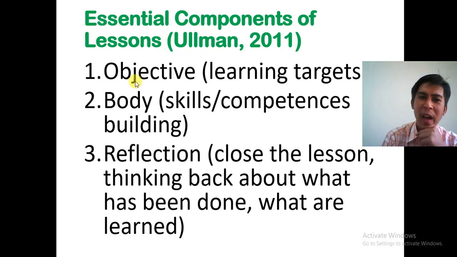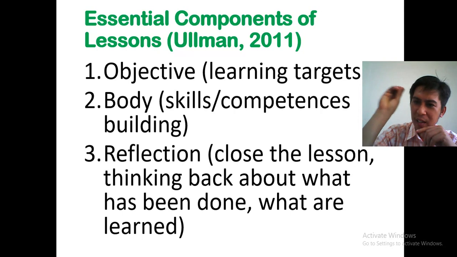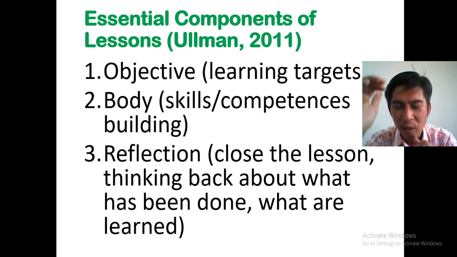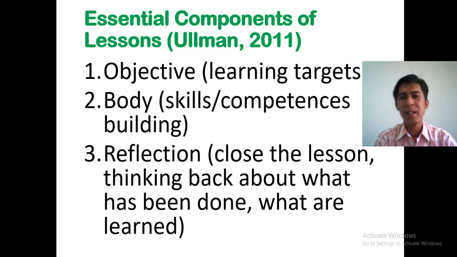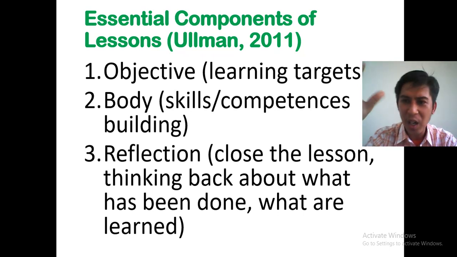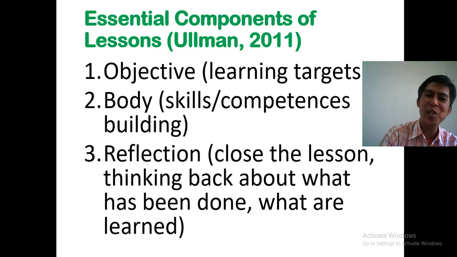See, you have objectives, learning targets. Place the objectives first. Tell the students that the learning targets for this module are the following. And after introducing the learning proper, once the skills are learned, competencies or outcomes are learned, objectives are met, then there's the reflection part.